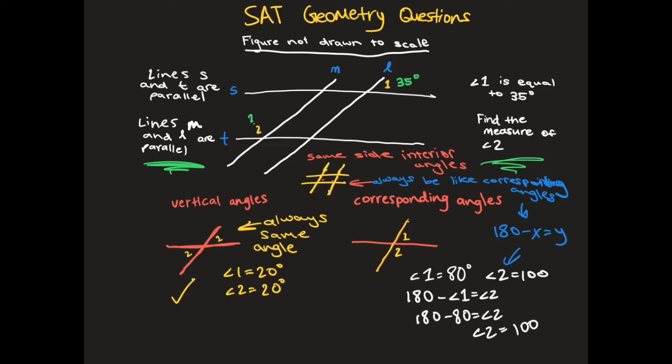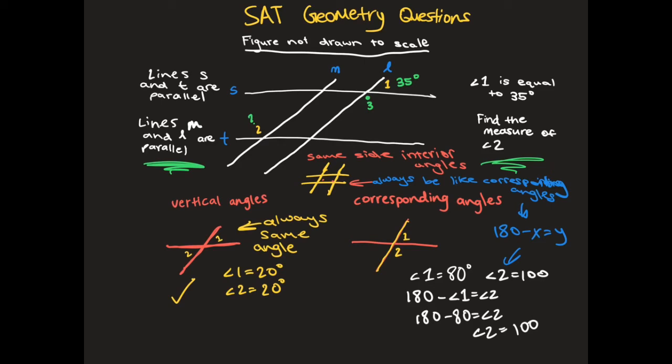Now let's take a look at this. You've got 35 degrees, and we need to find angle 2. It's kind of like a maze. We slowly find our path by using these vertical, corresponding, and same side interior angles. So 35 degrees, that's angle 1, all the way up here. The first thing we should do is find this angle right there. That's corresponding angles. This is angle 1, which means this would act as angle 3.